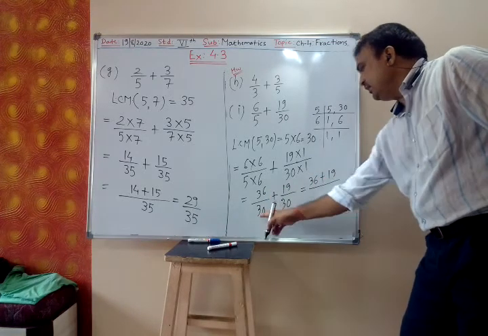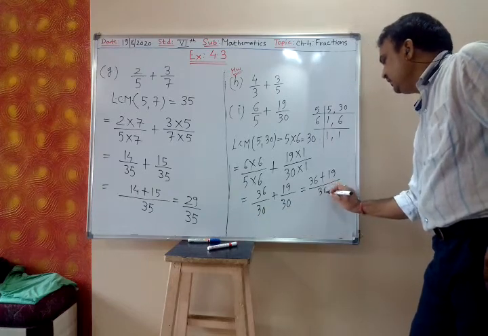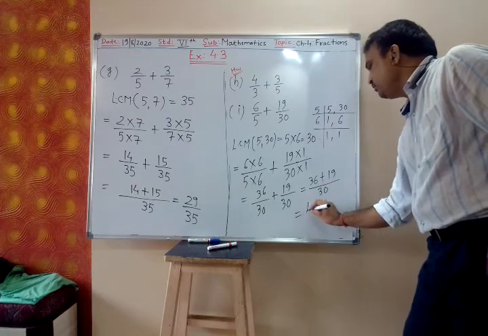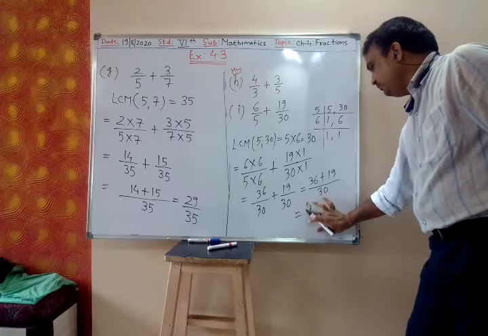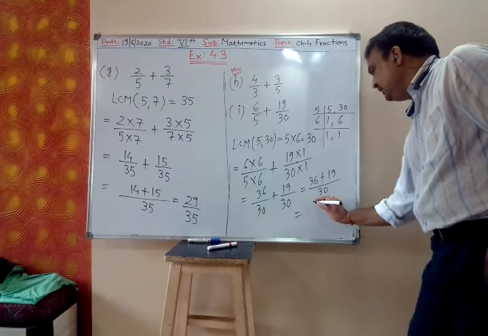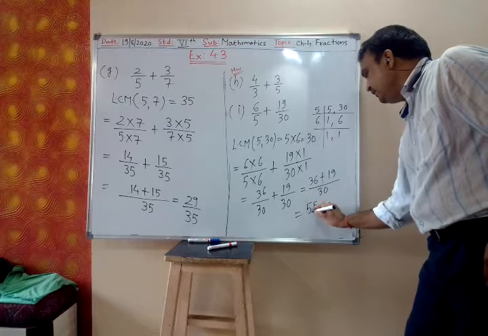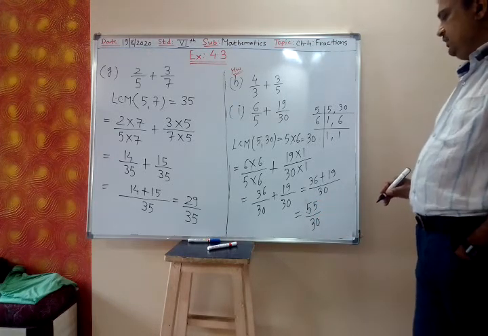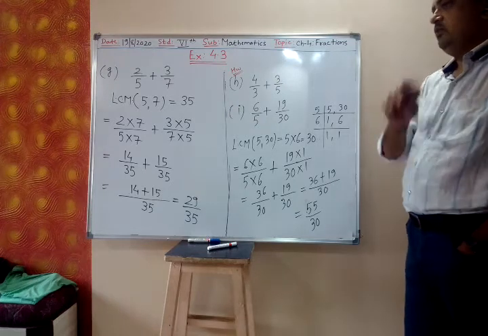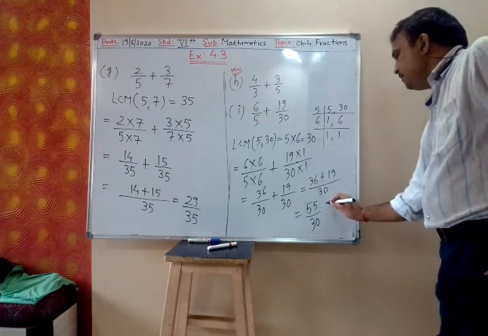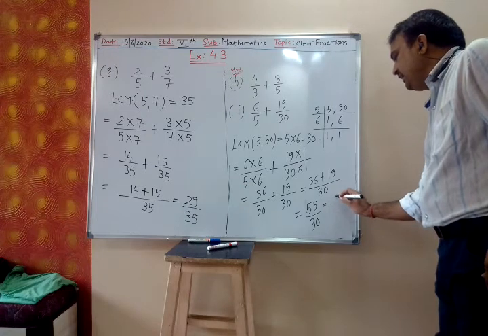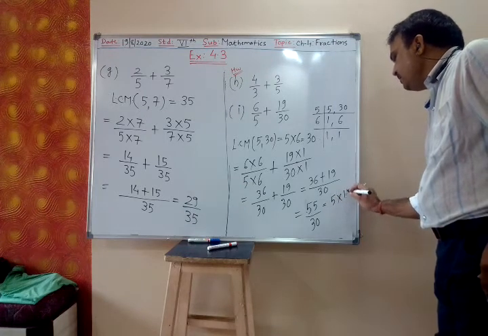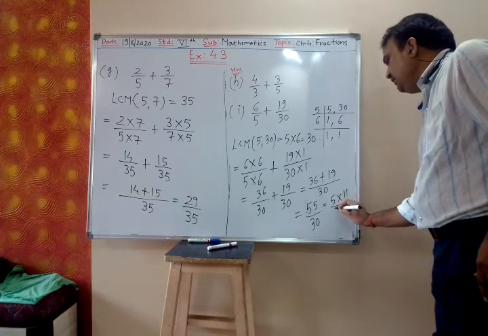I will take the denominator common, 30. 36 plus 19 is 55. 55 upon 30. Now see here what you can do further. 55 I can write as 5 into 11, and 30 I can write as 5 into 6.